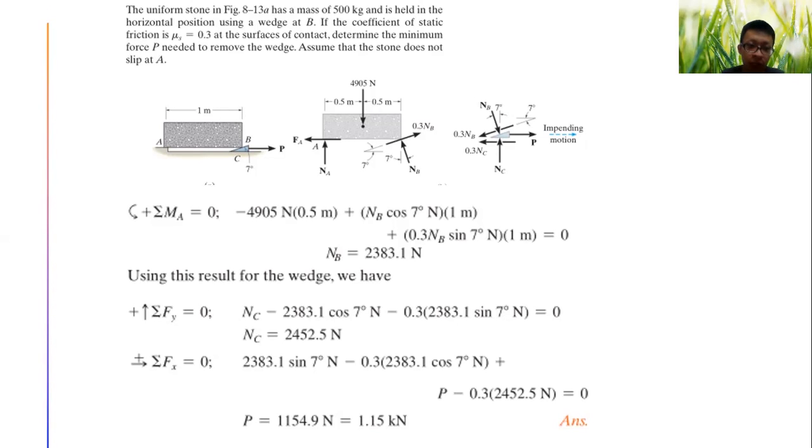As we see, there's MA, so we need to calculate MA.